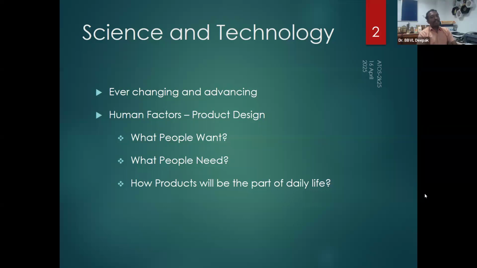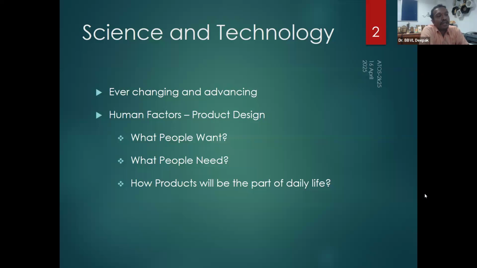In the era where we are, the development is very drastic. Science and technology is part of our daily life, and it is changing ever and ever. There are various human factors which influence new products, and product design involves exactly what the human wants and what the human needs.